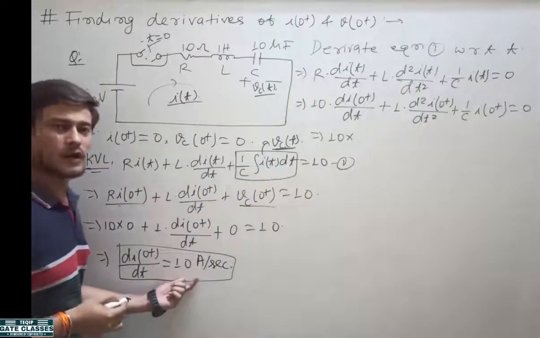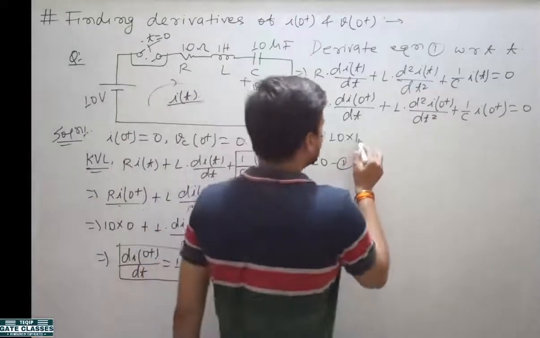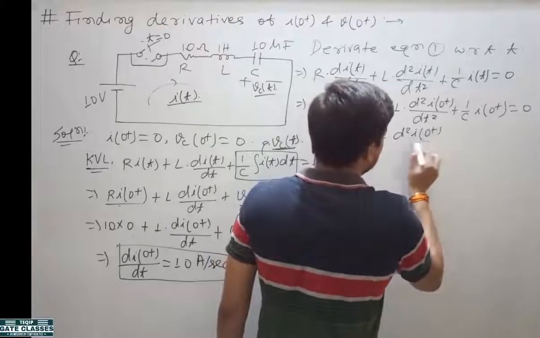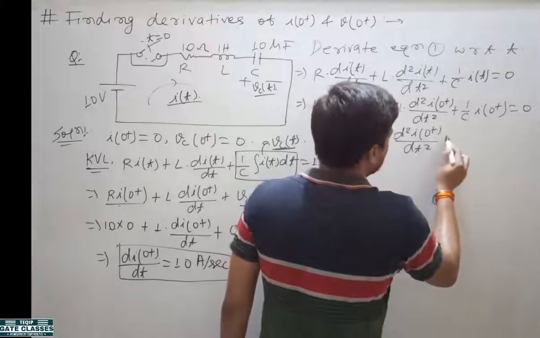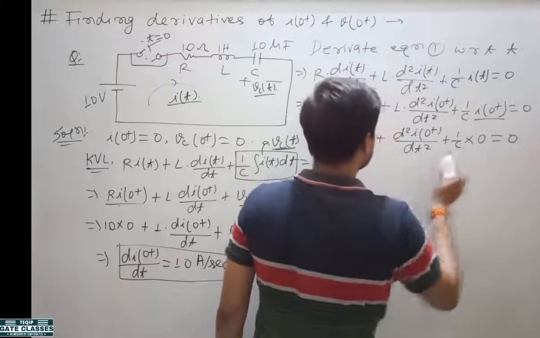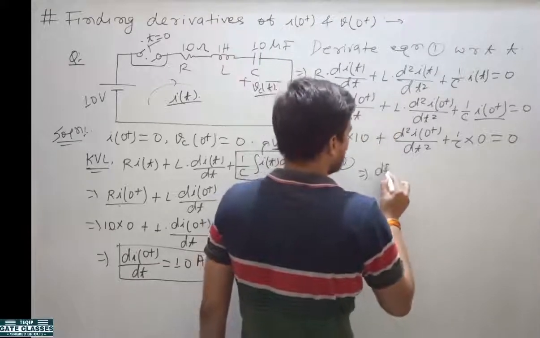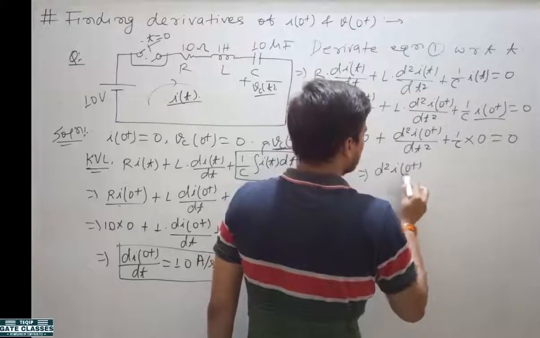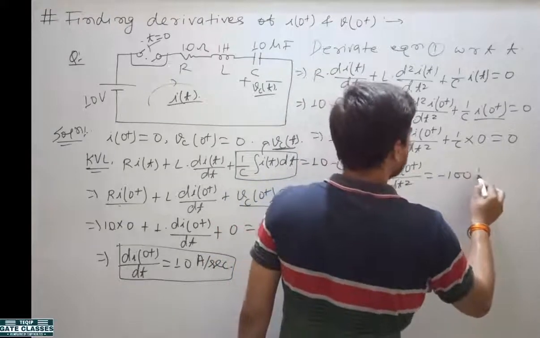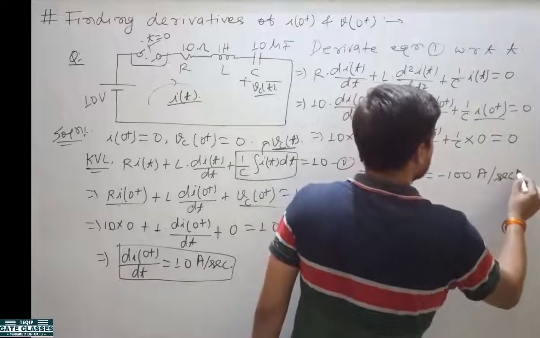It is equal to 10 ampere per second. 10 into 10 plus d square i 0 plus upon dt square plus 1 by C into i 0 plus, its value is 0. So from here you get d square i 0 plus upon dt square will be equal to minus 100 ampere per second square.